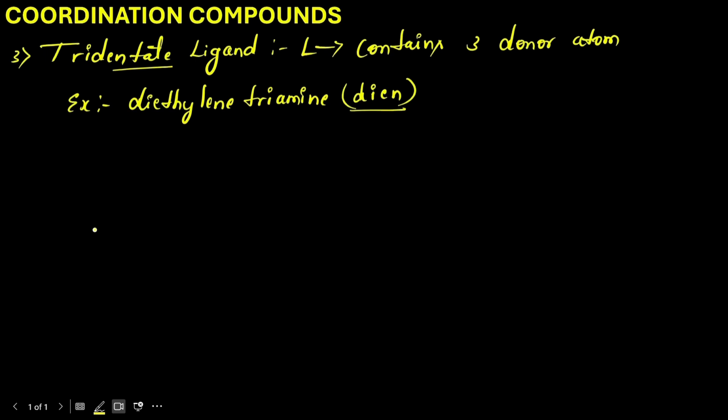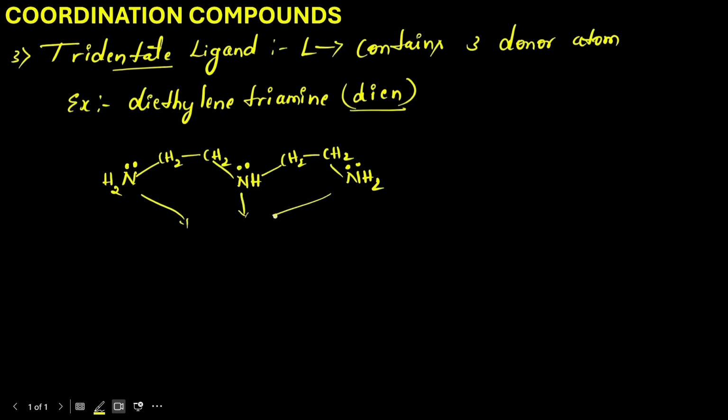If you write the structure here, NH2, CH2, CH2, here NH, here CH2, CH2, and here NH2. How many donor atoms are there here? 3 donor atoms. Here nitrogen has a lone pair of electrons, and here nitrogen has a lone pair, and here also nitrogen has a lone pair. Therefore, these 3 nitrogens will donate a pair of electrons each to the central metal atom. Therefore, it is an example for a tridentate ligand.